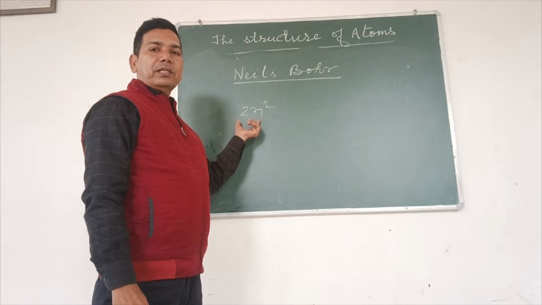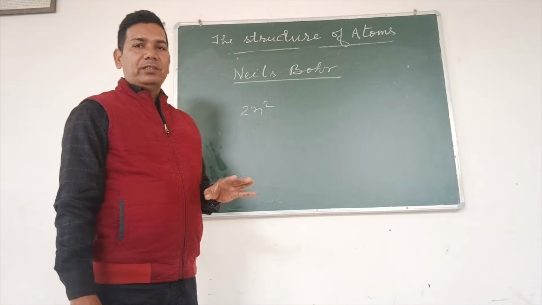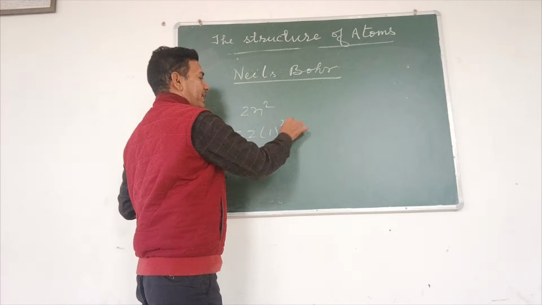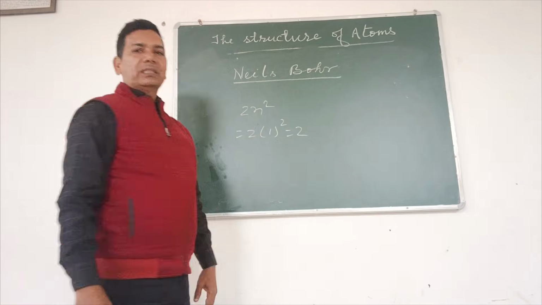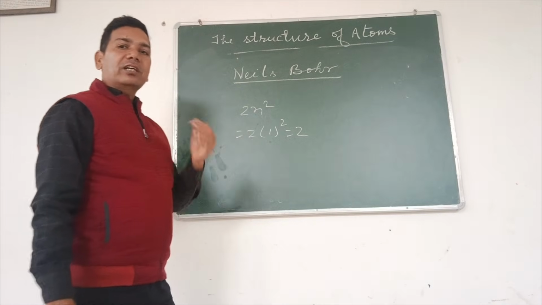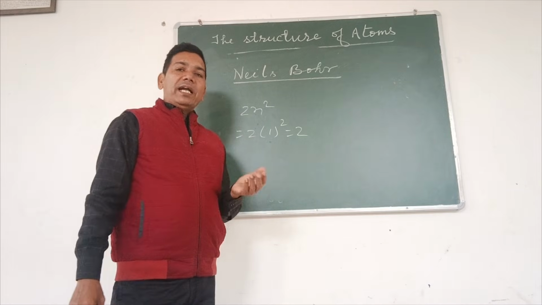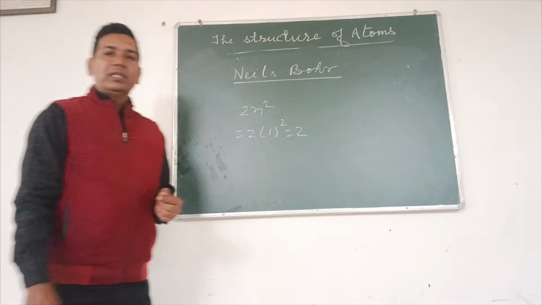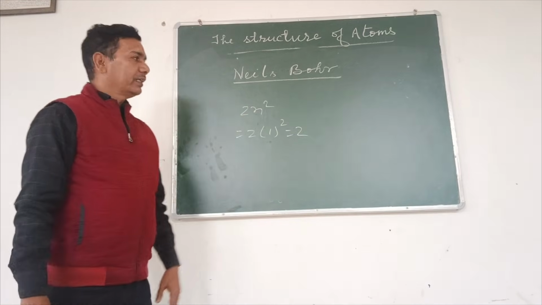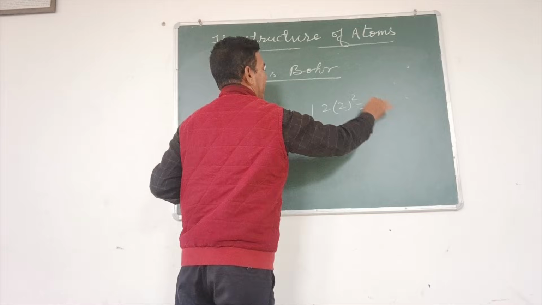In the first orbit, the maximum number of electrons is 2 into 1 squared, equal to 2, by putting 1 for n, because n is the number of the orbit. If you want to find the maximum number of electrons in the second orbit, we put 2 for n, then it becomes 2 into 2 squared, equal to 8.